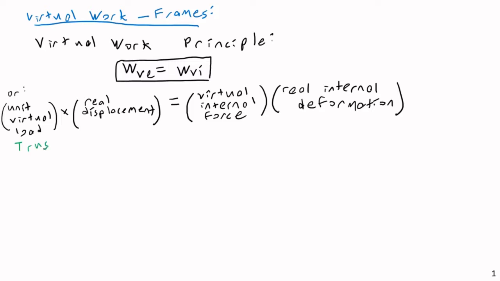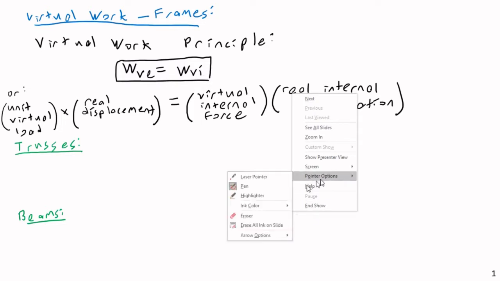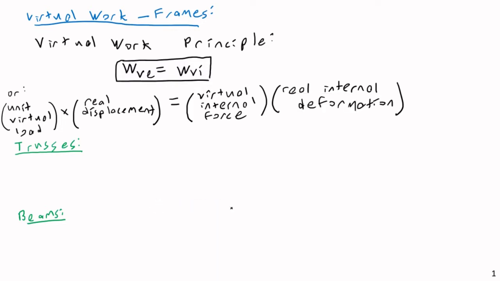For trusses, the equation takes the form 1 times delta is equal to the summation of F_VI, the virtual internal forces, times the real internal deformations, or lowercase delta.